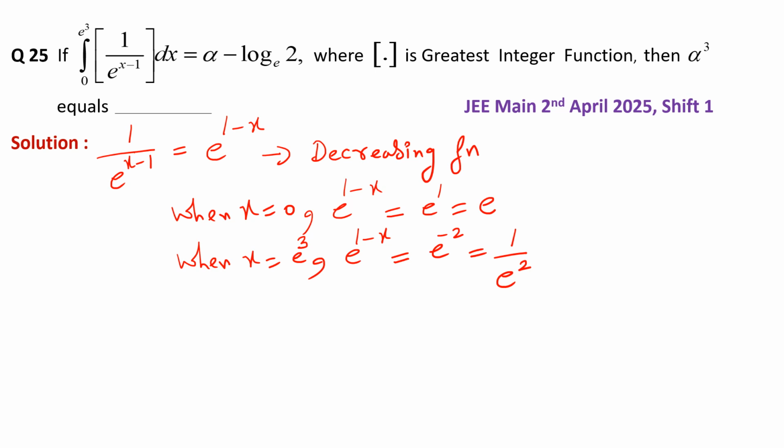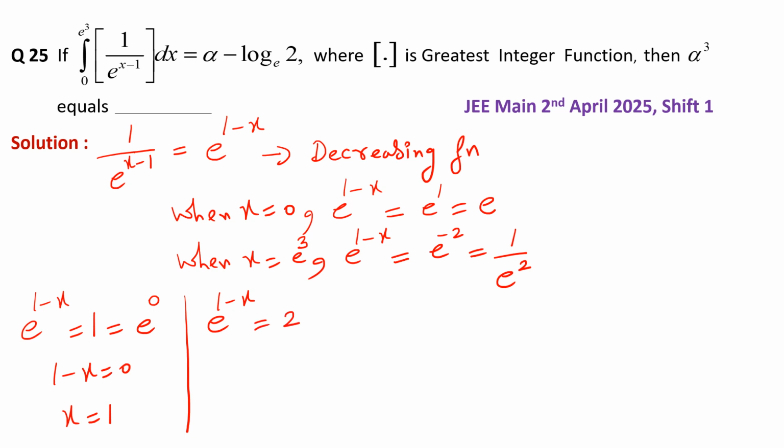So now I put e to the power 1 minus x equal to 1, which is further equal to e to the power 0, and from here we get x equal to 1. Now similarly, I put e to the power 1 minus x equal to 2. From here I get 1 minus x equal to ln 2 or x equal to 1 minus ln 2.